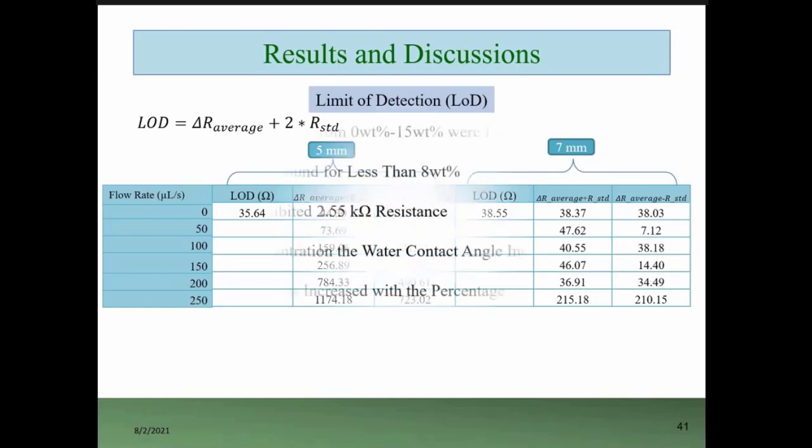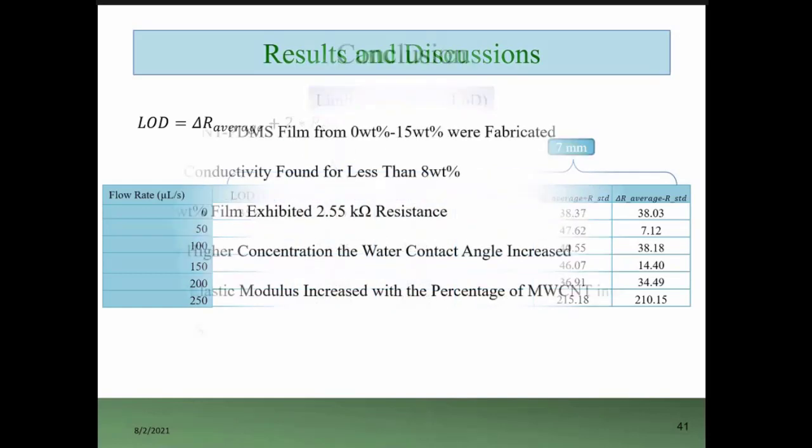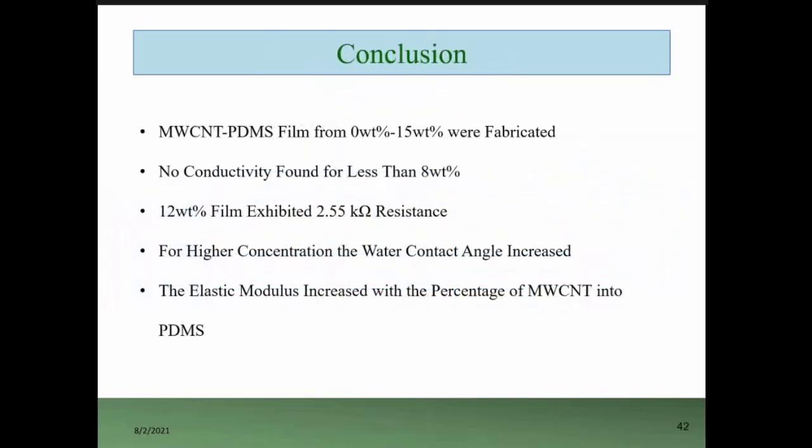So if I want to conclude my research, I can say that the MWCNT PDMS film was fabricated with different concentrations from 0 to 15 weight percentage. And in the fabricated film, no conductivity was found below 8 weight percentage.